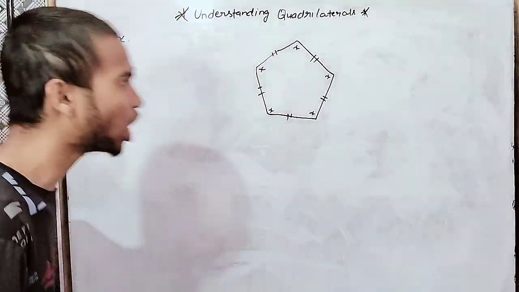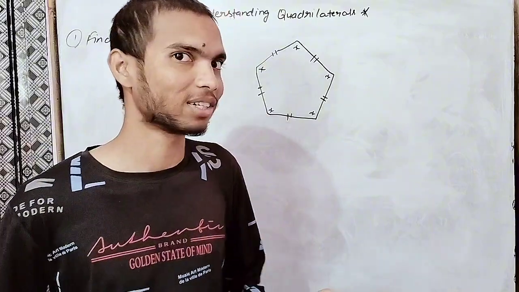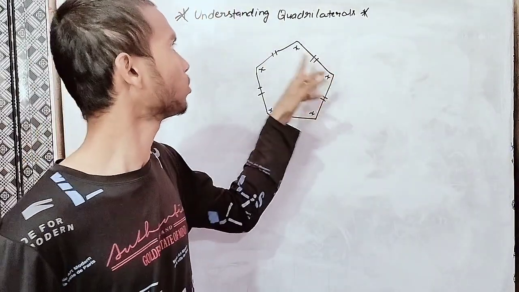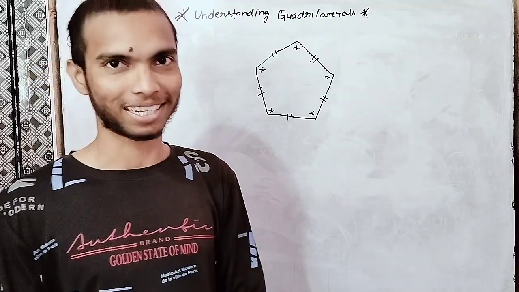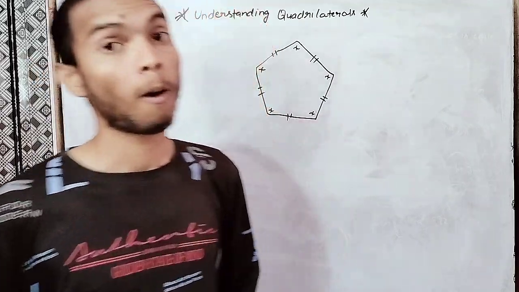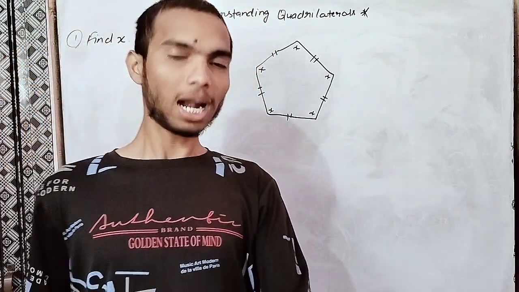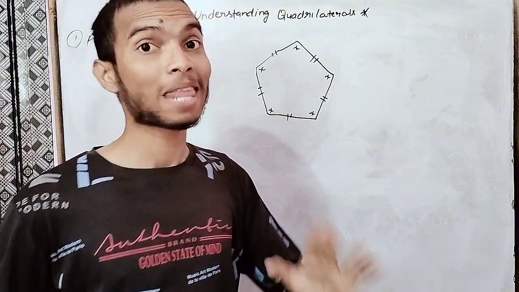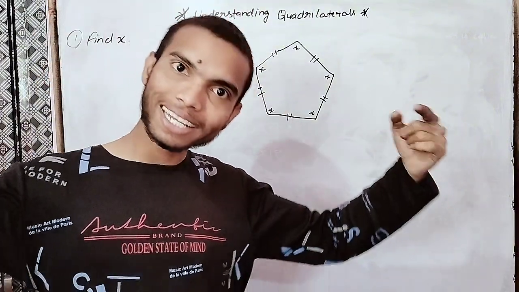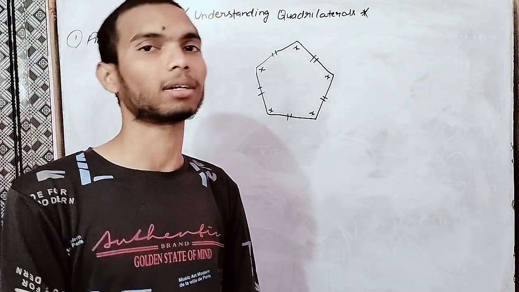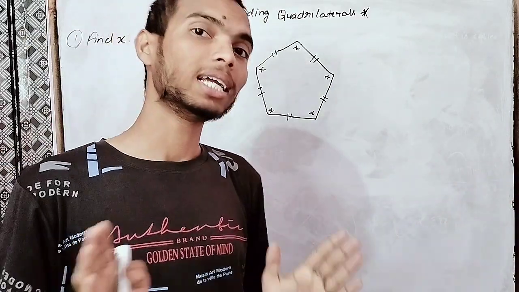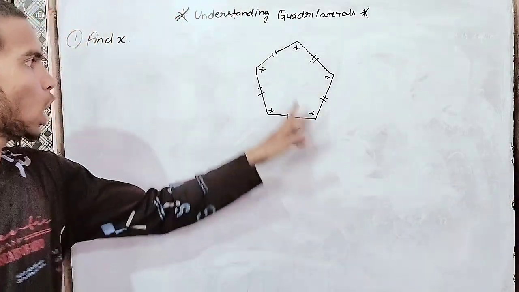Now how many angles do we have? 1, 2, 3, 4, 5, because the polygon is a pentagon. We have 5 sides and 5 angles, and the angles are inside the polygon, so they are interior angles.